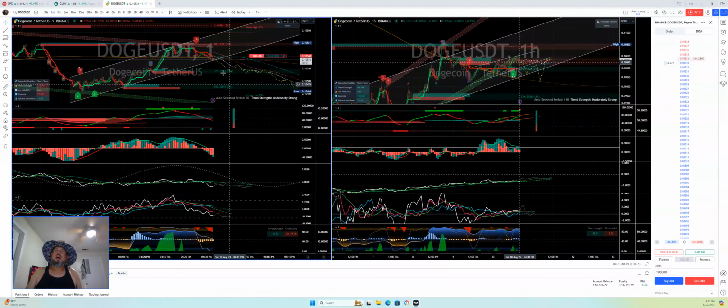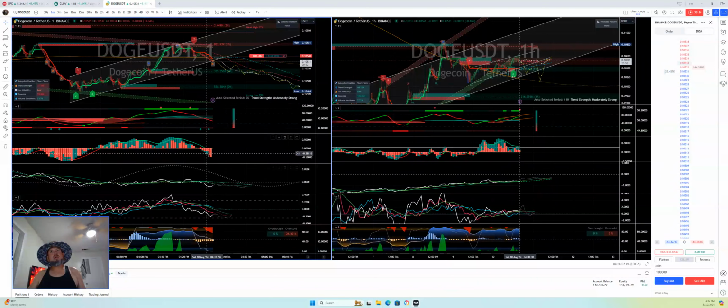But I would have to see some type of move or some type of information that says that it's about to consider this area as support. And as of right now, nothing's showing that.